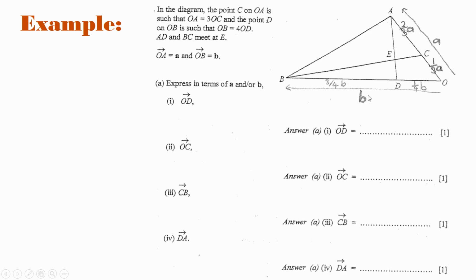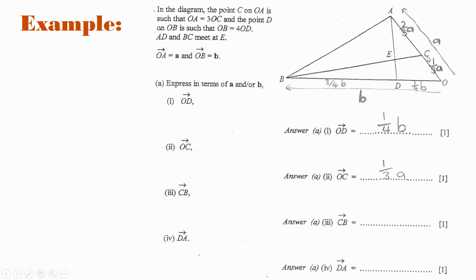Express in terms of A and/or B, OD. Where's OD? We've done the work already. OD is 1/4 B. Done. How about OC? Again, our work's been done for us here. It's going with the arrow again, so 1/3 A. How about CB? Where's CB? You could go there and there, but we don't know this one, so let's instead go here to here.